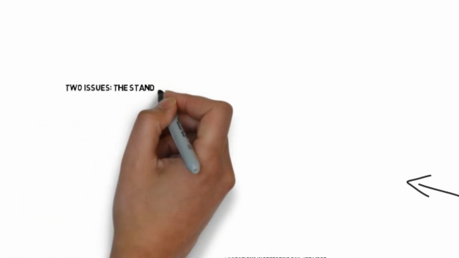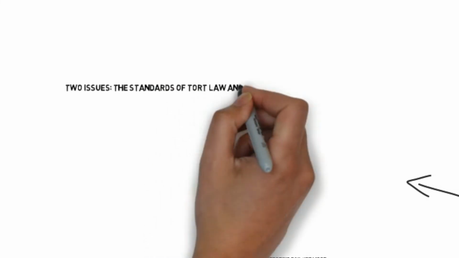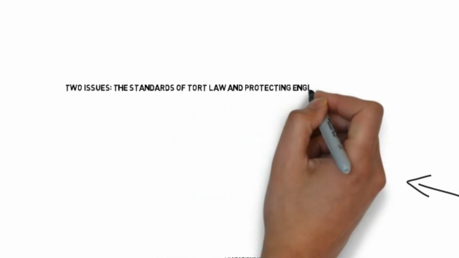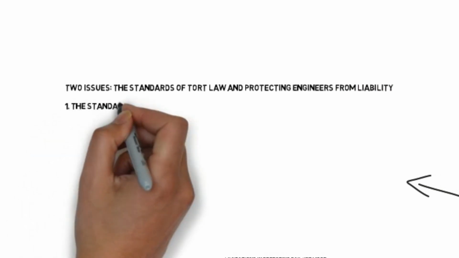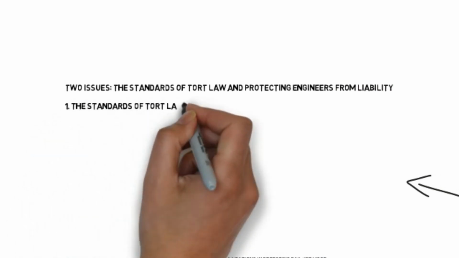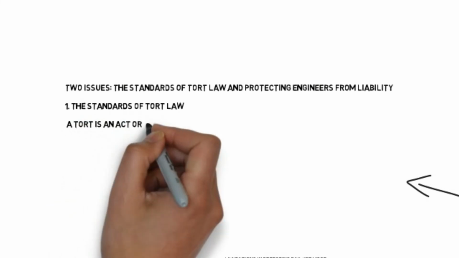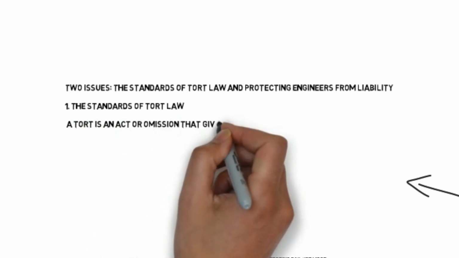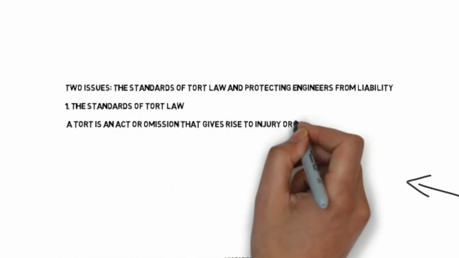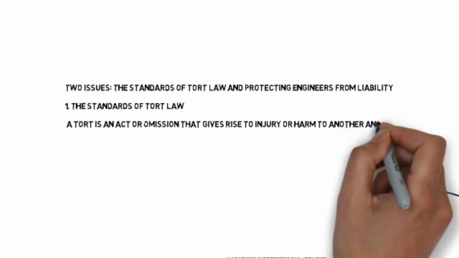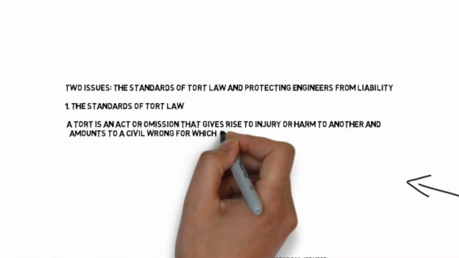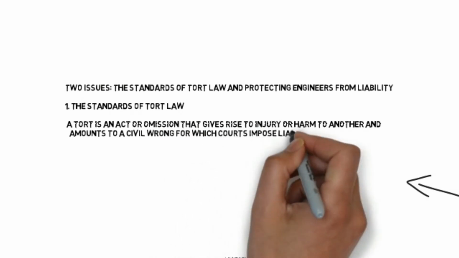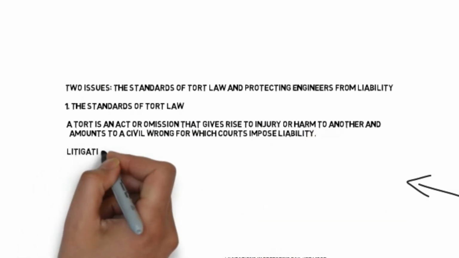Two issues: the standards of tort law and protecting engineers from liability. The standards of tort law. A tort is an act or omission that gives rise to injury or harm to another and amounts to a civil wrong for which courts impose liability.